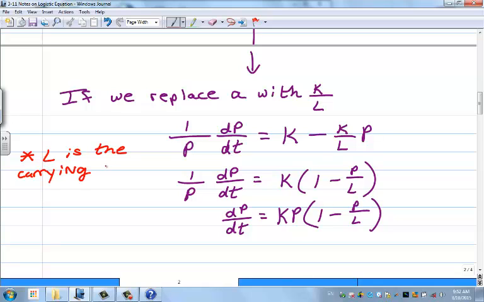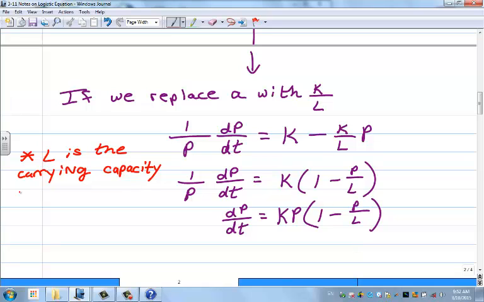That's a buzzword. Lots of AP questions will ask you this, and this is one of the simplest AP questions you're going to get, because all you really need to do is isolate, make sure you get it in the form 1 minus P over L, and you will be all set. You pull that carrying capacity right out of the equation.